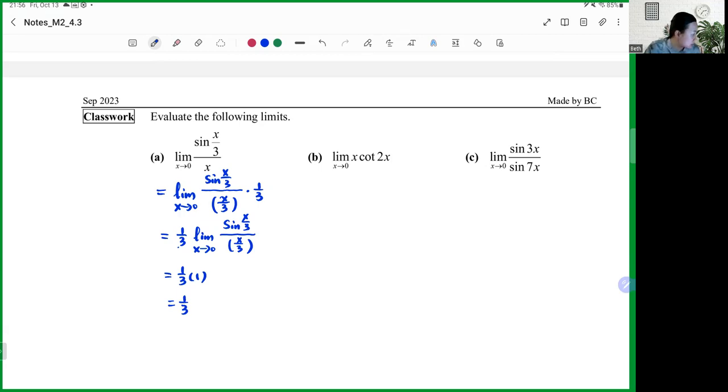Okay, maybe part A. It's a little bit different because there's a fraction. With a fraction, you need to divide 3 in the denominator and multiply 3 in the denominator. Let me repeat. This is how you balance it out. You divide 3 in the denominator and multiply 3 in the denominator.